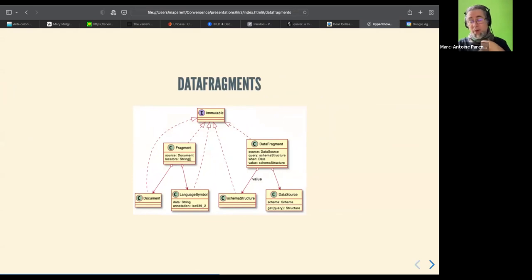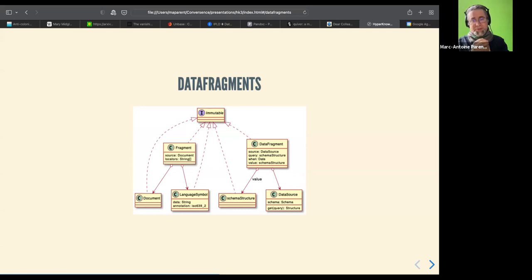In a way, for any tuple, you have some data source, and here I'm saying data source is a class, but think of it as a very, very abstract placeholder. It's something to which you can give a query and you'll get the structure. The data source implicitly has a schema, so you get a schema structure with schema annotation.